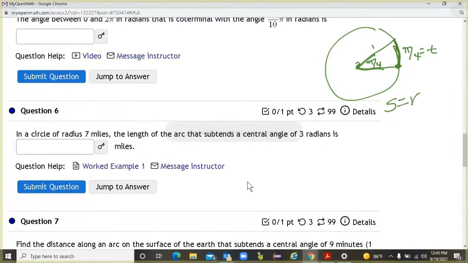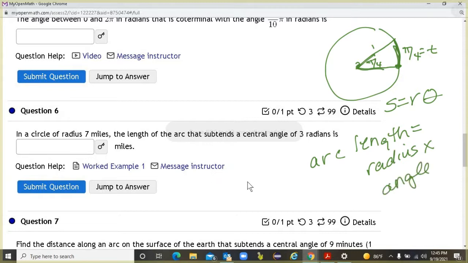But the formula is actually like this, where the arc length is equal to the radius times the angle, and that angle has to be in radians. So in the unit circle, the radius is 1, which is why the arc length and the angle are actually the same. But we're going to use this formula, and we just need to make sure that we're in radians.